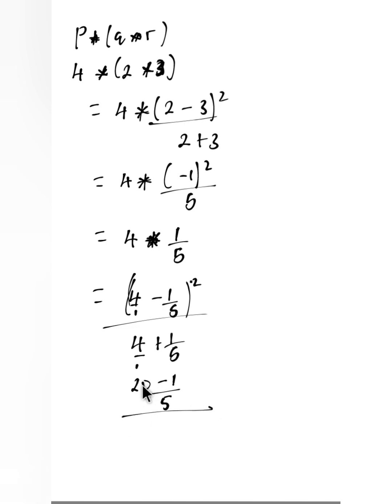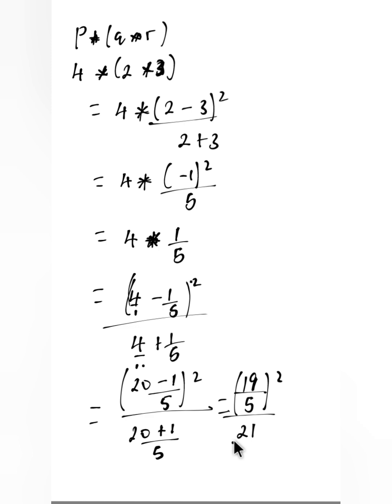All over, find the LCM of 1 over 5 here. The LCM is 5. So, in this down part, we have 1 into 5 is 5. 5 times 4 is 20 plus 1. Good. This is all squared. Now, to simplify this, we have 19 over 5 all square over 21 over 5.